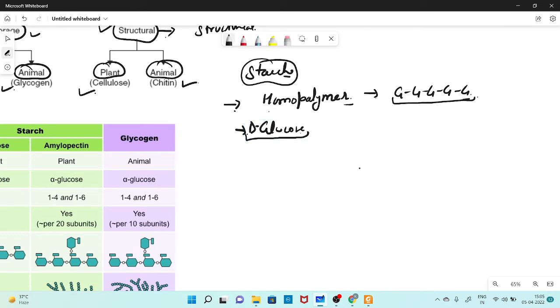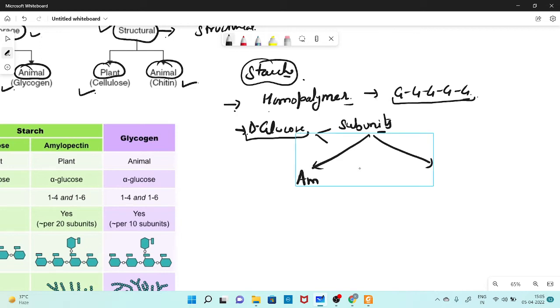Now in starch there are two types of subunits of homopolymers present. These subunits are number one, amylose, and the second one is called amylopectin.